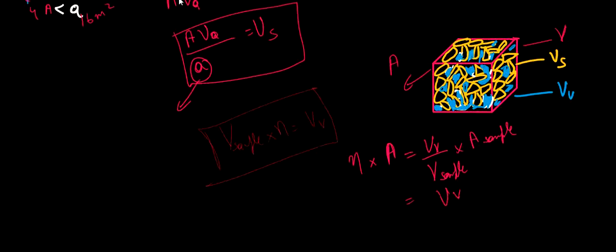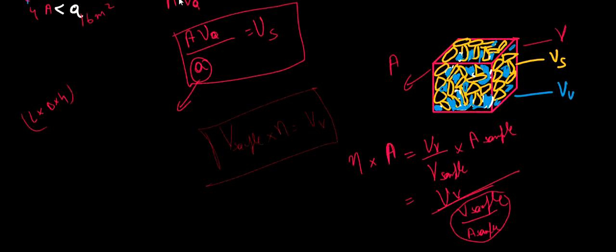I can also write this as Vv upon V sample upon area of sample. So volume upon area. If I talk about a cube or any other body, for example a cuboid, I know that L into B into H is the volume, and if I divide it by area, I will obtain the third dimension.